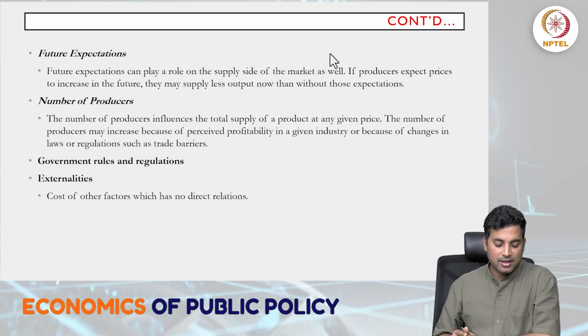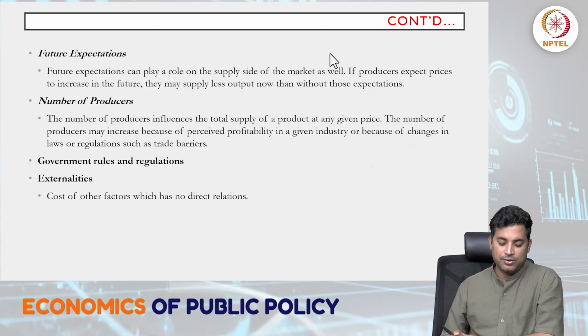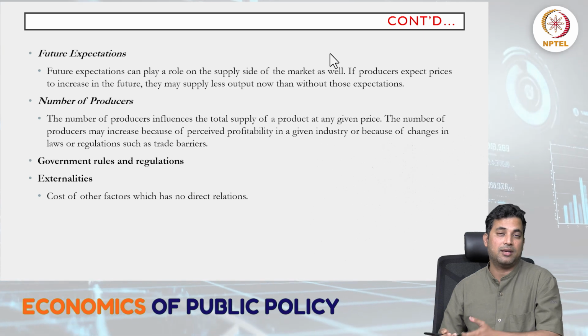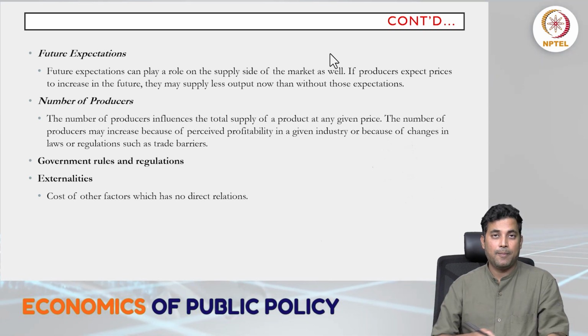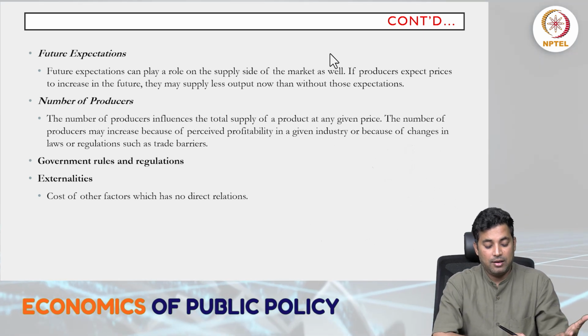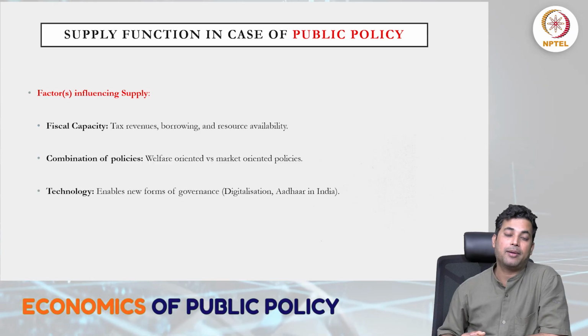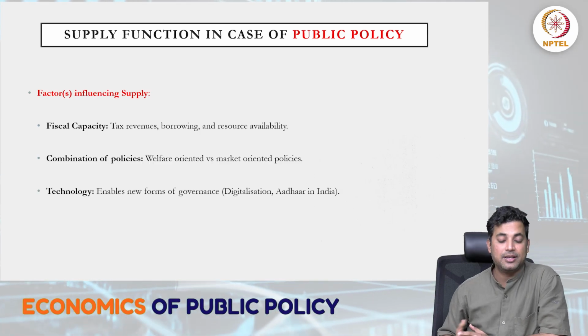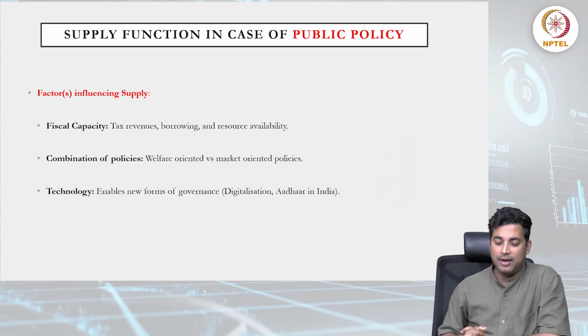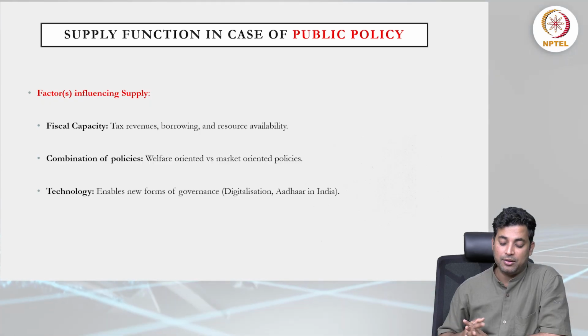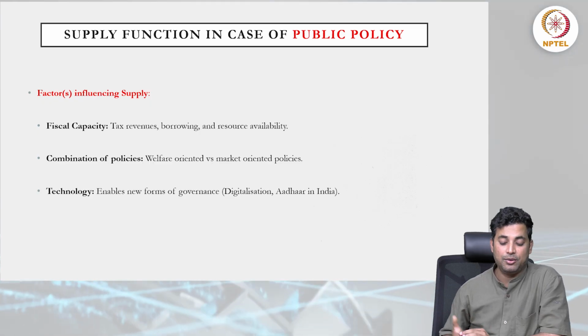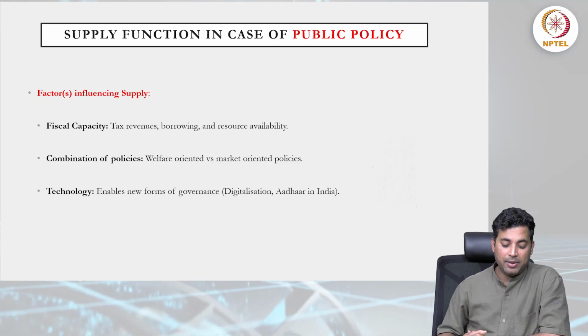There are also other externalities, like the cost of other factors, which have no direct relation but will certainly influence supply. For instance, fiscal capacity, like tax revenues, borrowing, and resource availability for the overall economy, where the government has a role to play.